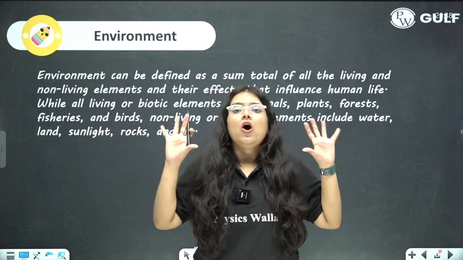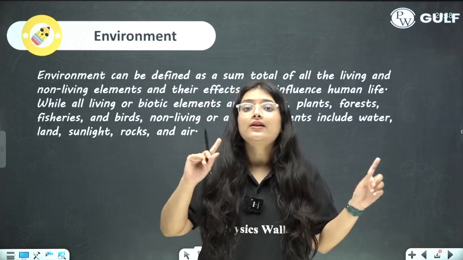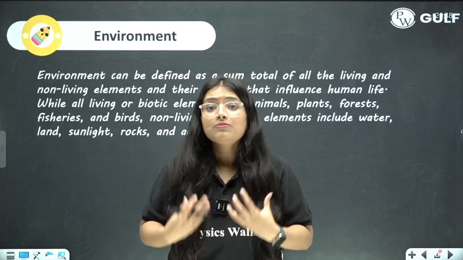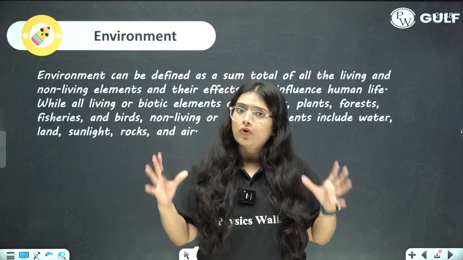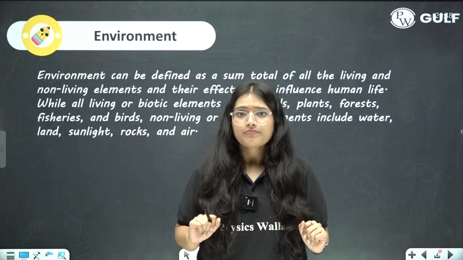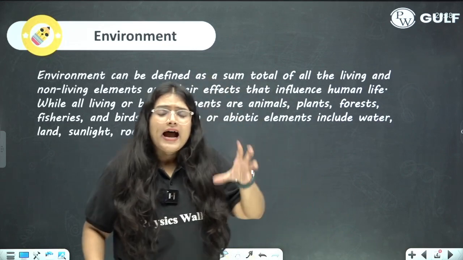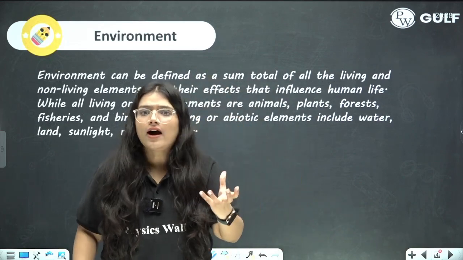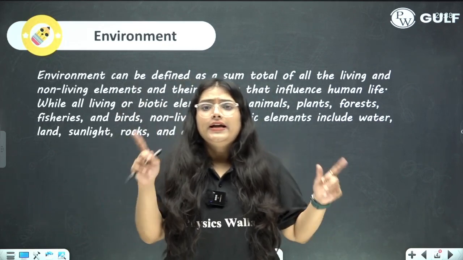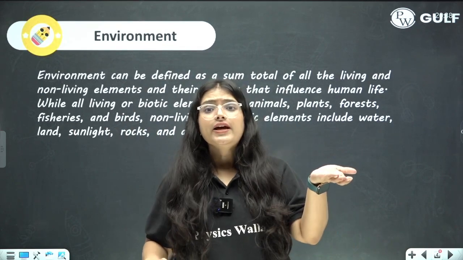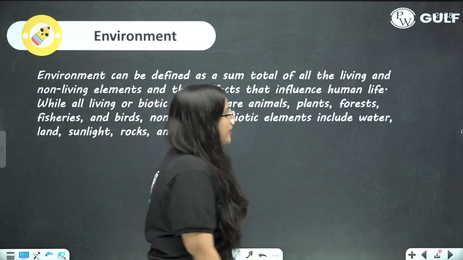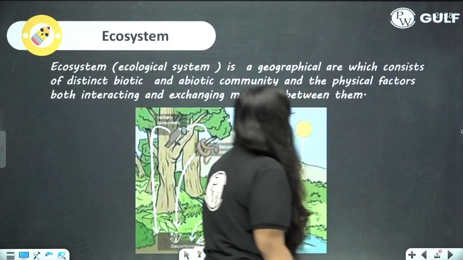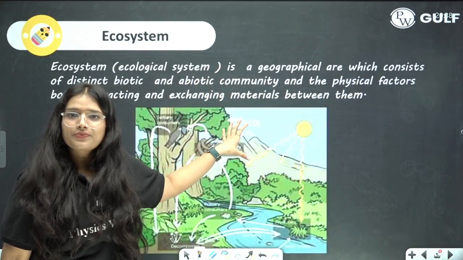All these things in my surrounding are known as environment. Now, that particular geographical area where we will see the interdependence of these living things with these non-living things is known as ecosystem, right?